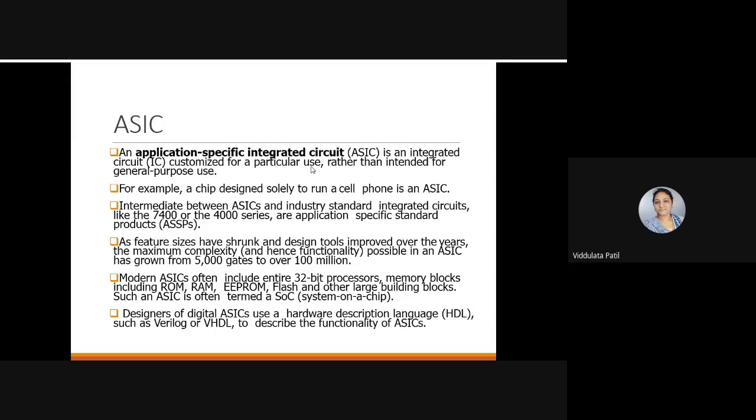That means if you know Verilog or VHDL, then you can easily program these ICs, and then you can make that IC perform depending on your स्पेसिफिकेशन्स. ओके, तुमचे जे काही स्पेसिफिकेशन्स असतील त्याच्याप्रमाणे तुम्ही त्याला वर्क करायला लावू शकता. ओके, so that is about the ASIC.